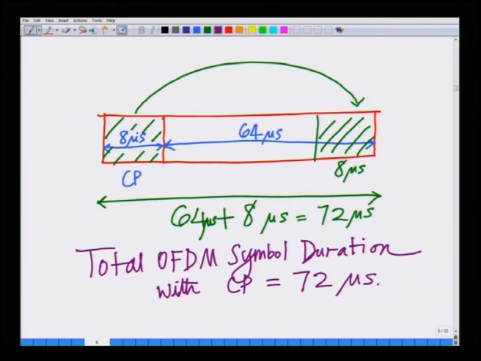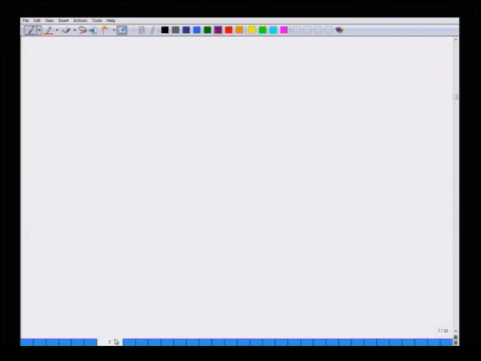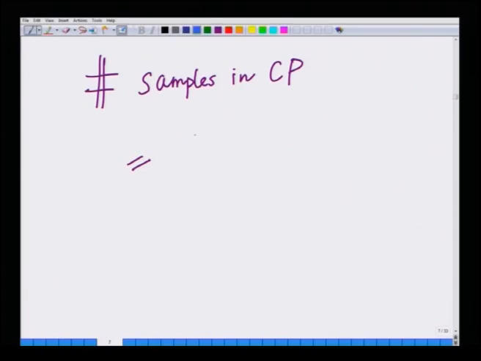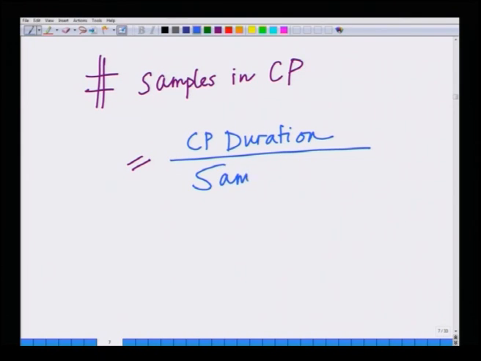Now, what is the number of samples in this cyclic prefix? That can also be computed. Number of samples is nothing but the duration of CP divided by sample time.